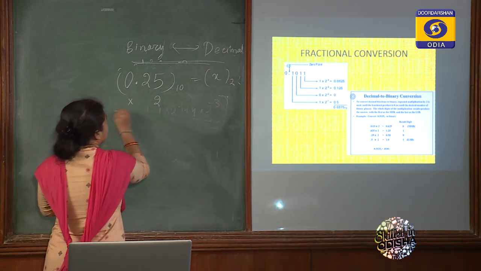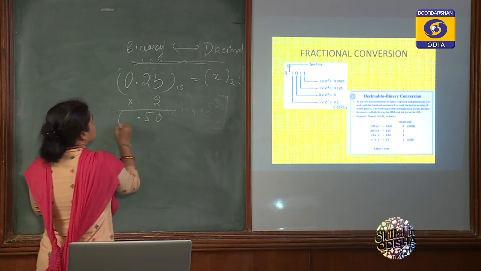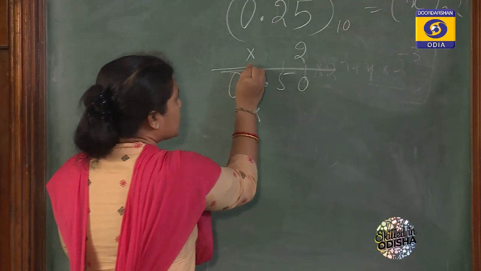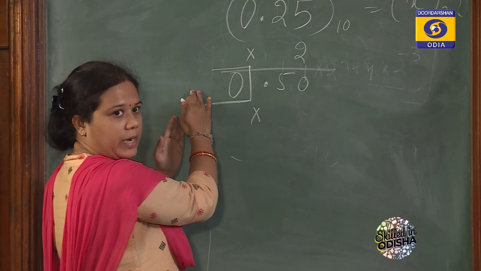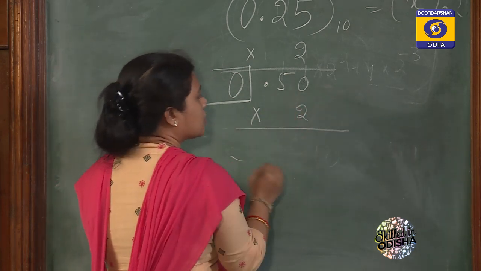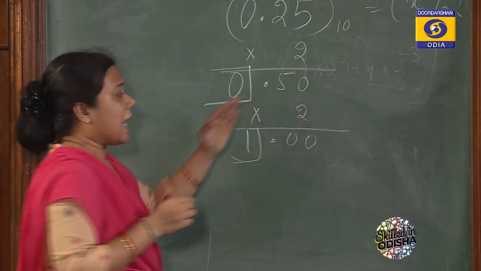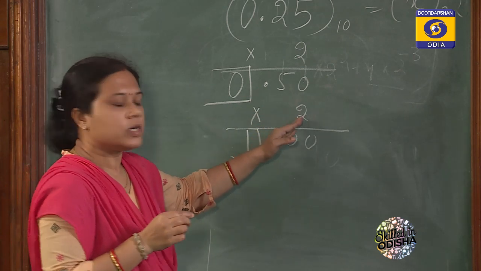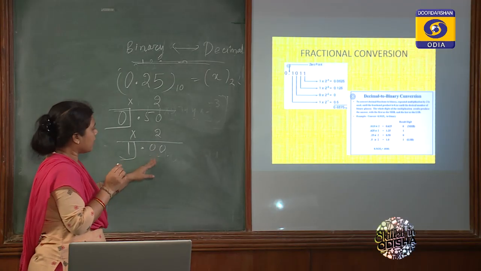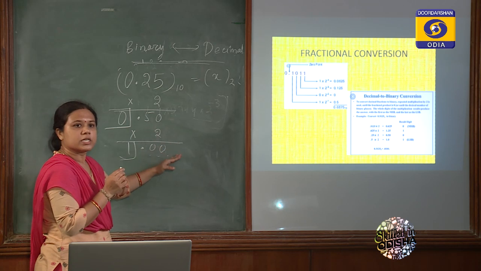I have to multiply by 2 until all the terms after the decimal point become 0. Now after the decimal point all the terms are 0, so our process is over.